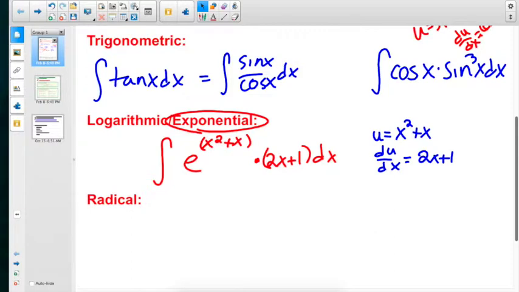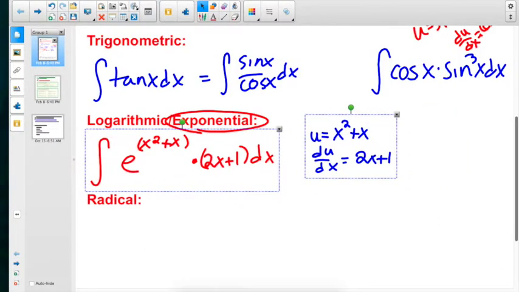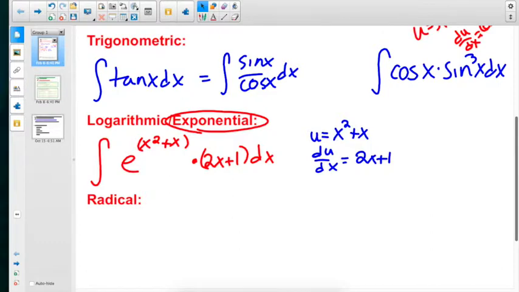When I substitute and substitute, I end up getting the antiderivative of, I'll let you think about that for a little bit while I scoot this over. I substitute, and this becomes what? E to the U, and I substitute, and this becomes du. Exactly. How many of you would rather take the antiderivative of that?